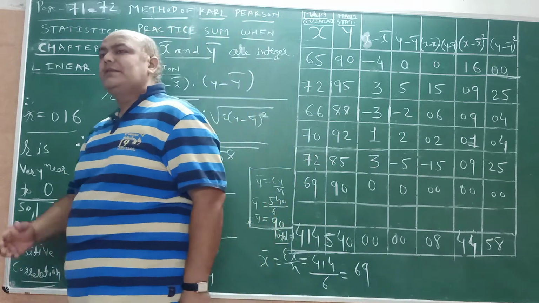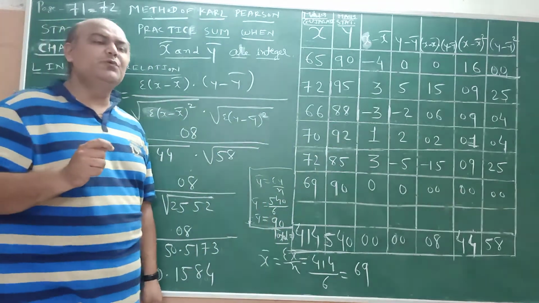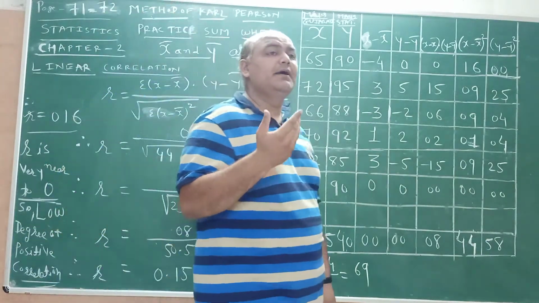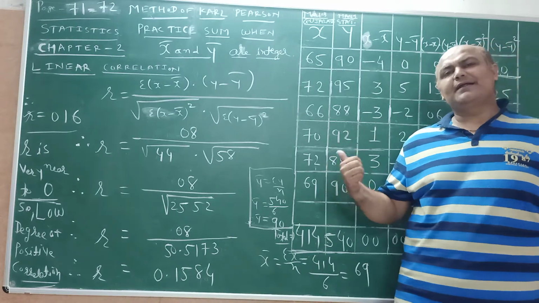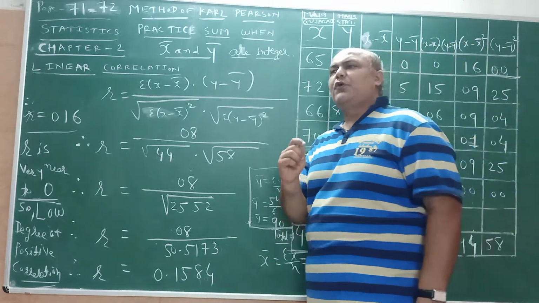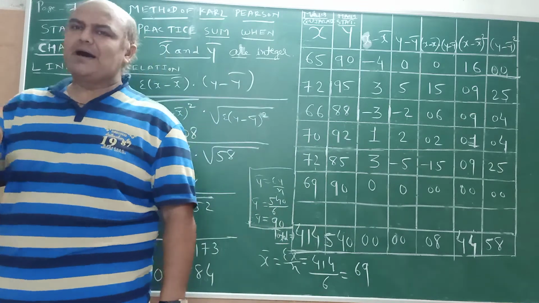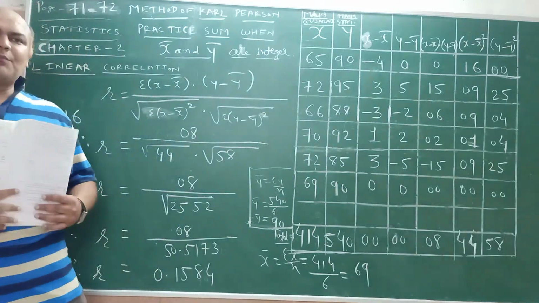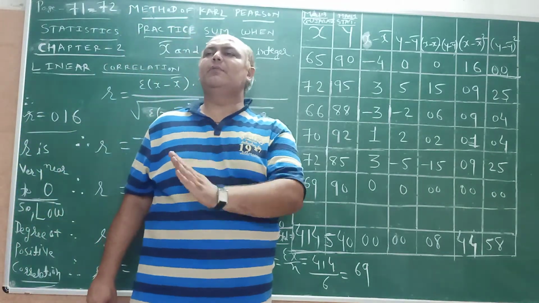After doing the total, we have to find the value of x bar and y bar. Why? Because on that value, we can decide which formula we have to apply for this practical sum. The formula of x bar is sigma x upon n, and the formula of y bar is sigma y upon n.